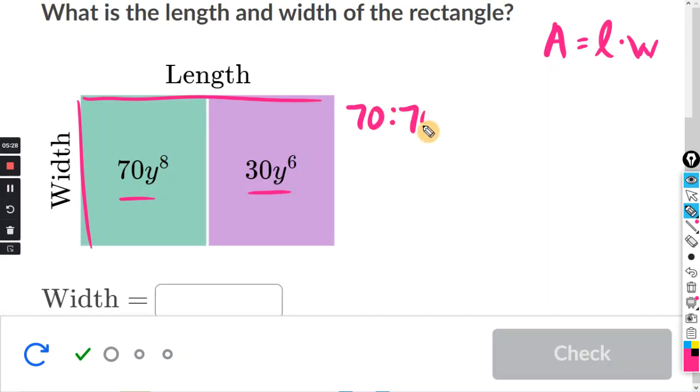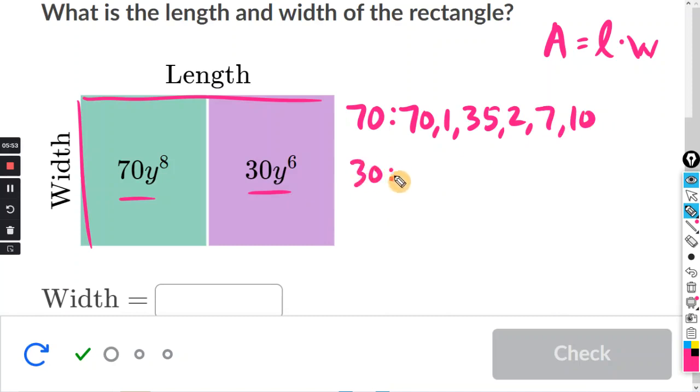It's actually easier if you did what times what. So for 70 we can do 70 times 1, 35 times 2, and 7 times 10. And I think that's it.